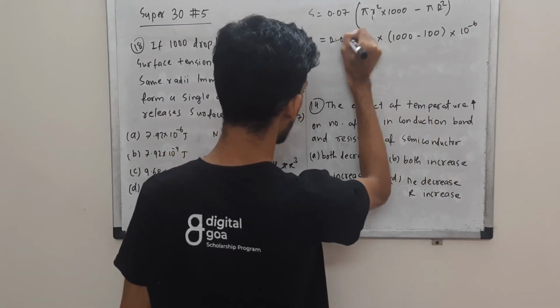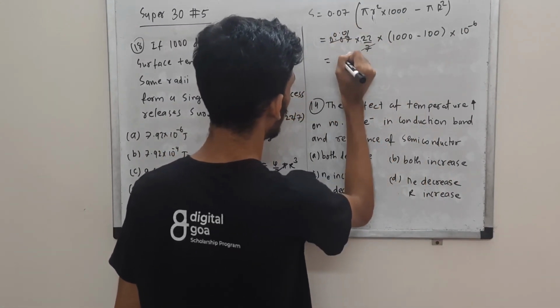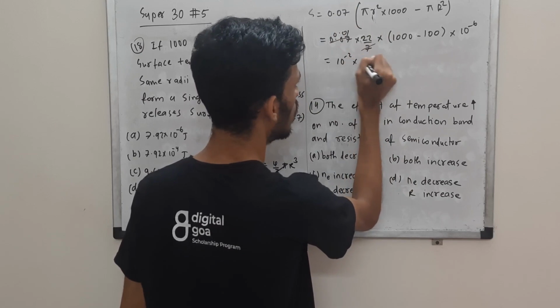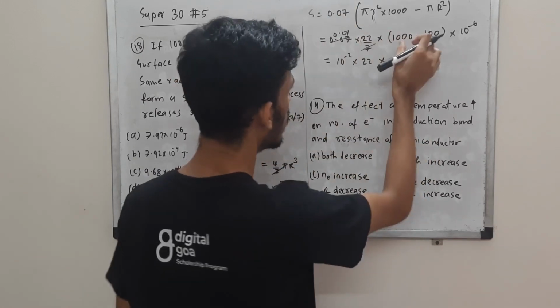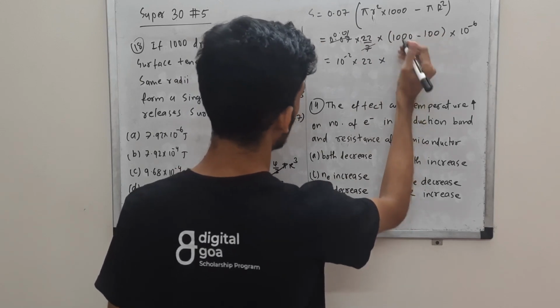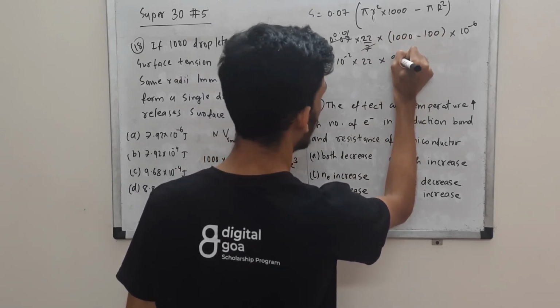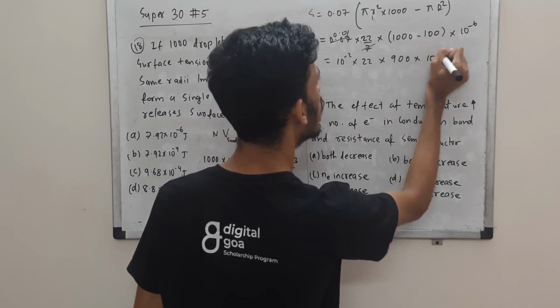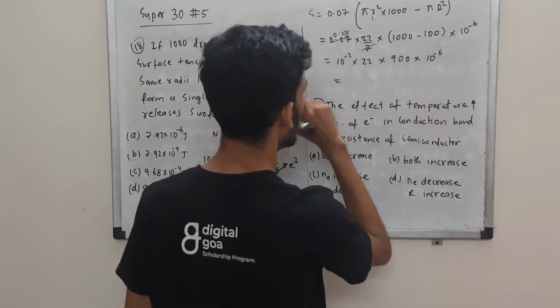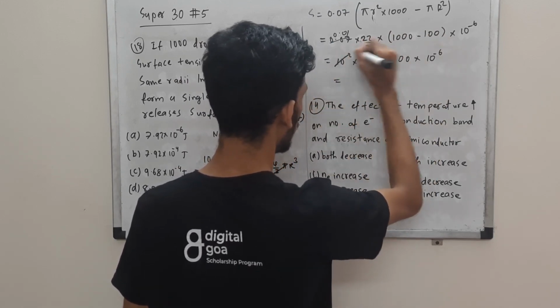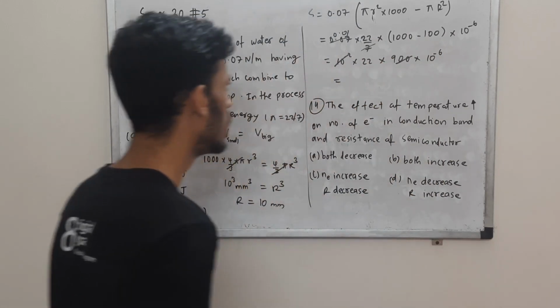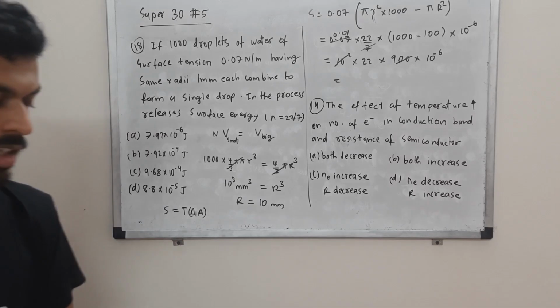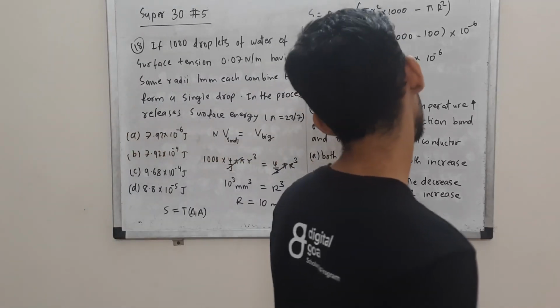So this is 0.01, which is 10 to the power minus 2, times 22 times 1000 minus 100, that is 900, into 10 to the power minus 6. So this 10² gets cancelled. This is 22 into 9, 99 into 2, 99 into 2.